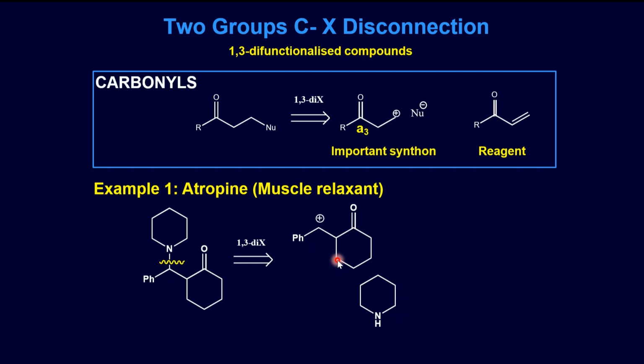To get this acceptor synthon, I will add unsaturation over here. I will get the corresponding alpha beta unsaturated carbonyl compound. The excess electrons on the nitrogen attack this carbon and the pi electrons move over here. A Michael addition occurs. In other words, to synthesize 1,3 difunctionalized compounds, I use Michael addition as the strategy.